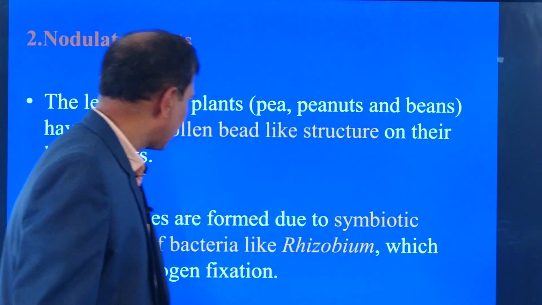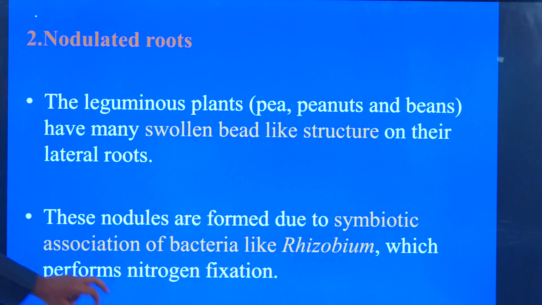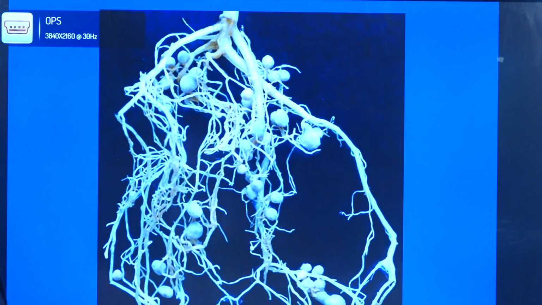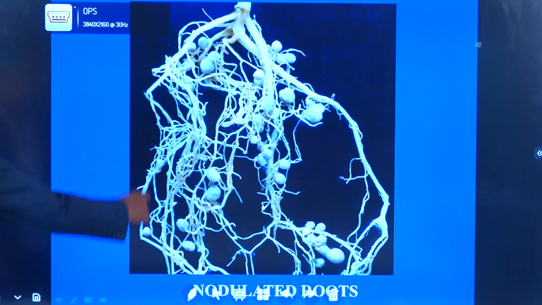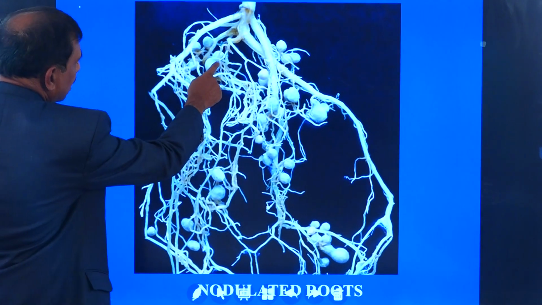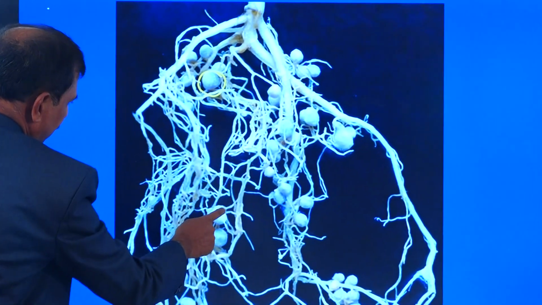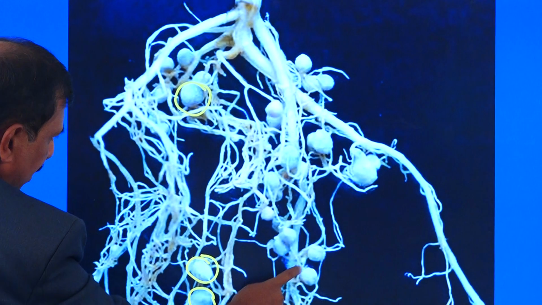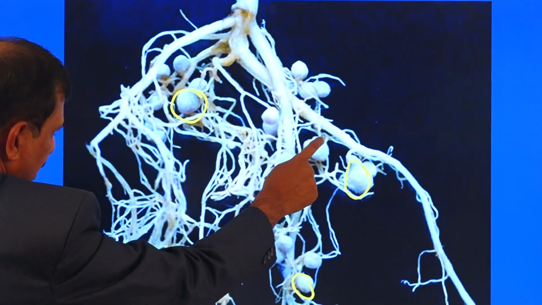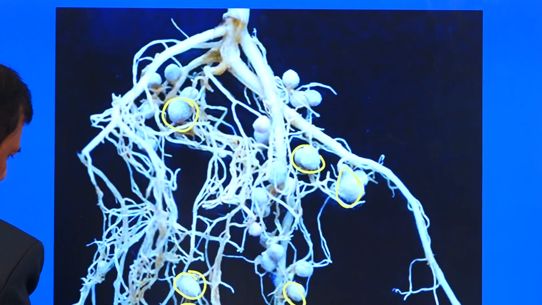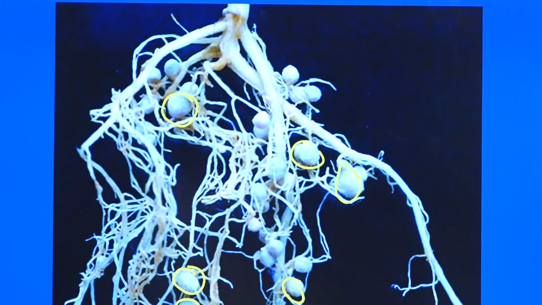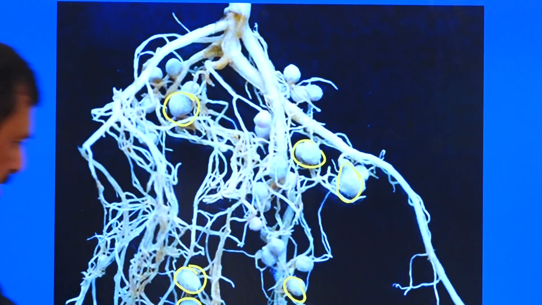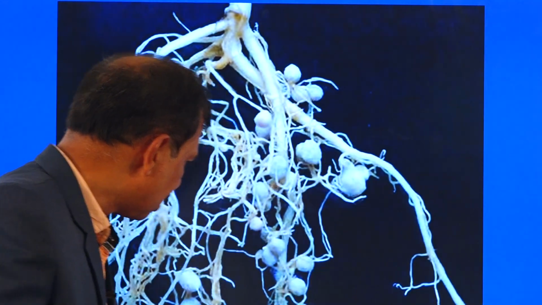See, next modification, so here is the actual picture of the nodulated root. This is the lateral root. Here you could find the nodules here and there. These are the nodules associated with Rhizobium bacteria to fix the atmospheric nitrogen. So, that is regarding nodulated roots.